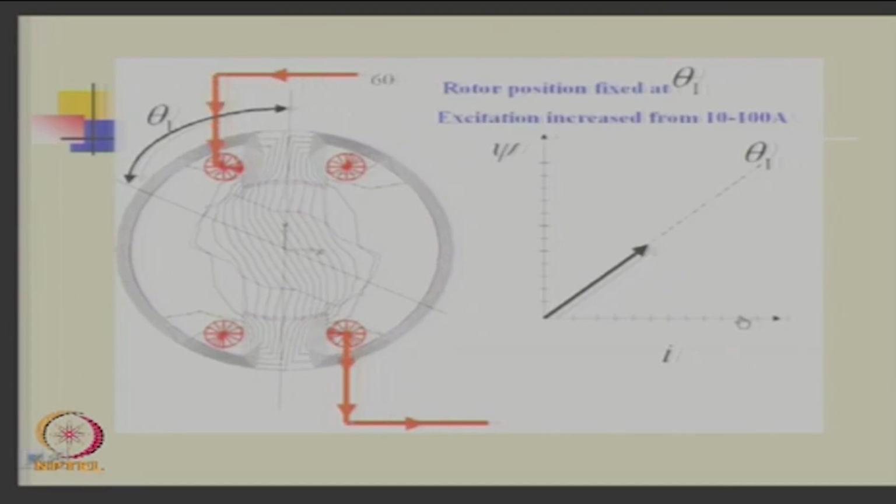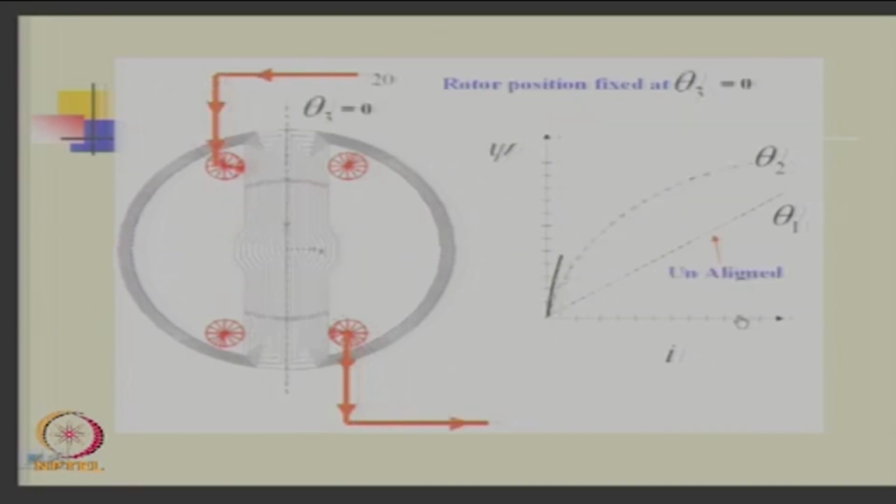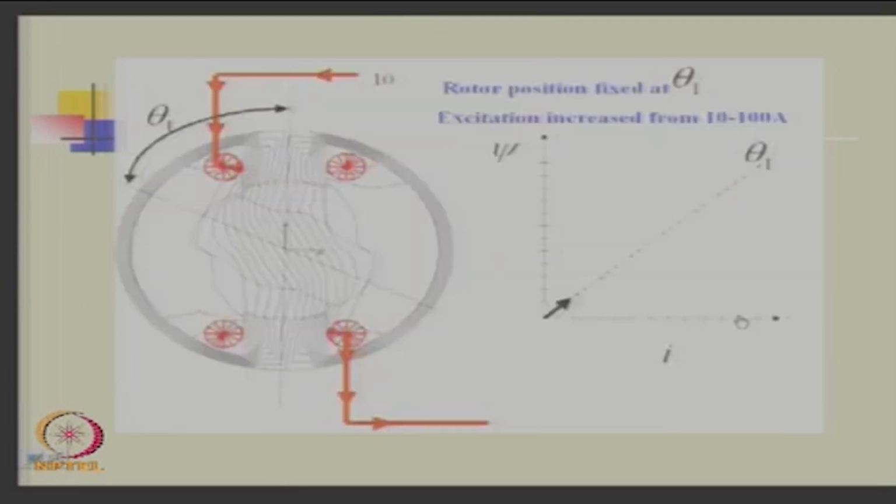At theta 1 it is linear, and at theta 2 it is non-linear because there is more iron in that path. And at theta 3 which is fully aligned, it is more non-linear. Is it clear?